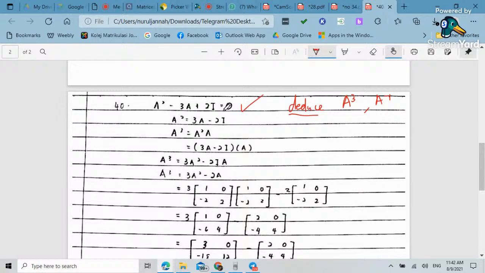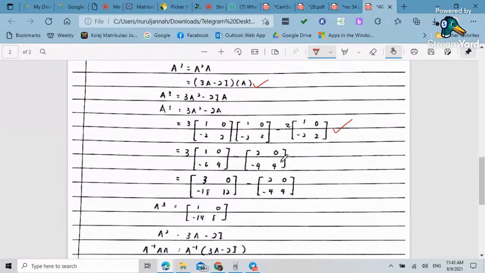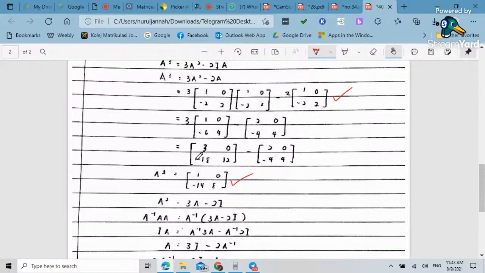So you must start with this, and then you rearrange. You can get A square equal to 3A minus 2I, and then to get A power of 3, you need to multiply A on the left side and the right side. So you will get this, and then you expand, and you can substitute your matrix A. Okay, so this is the right way to solve A power of 3.